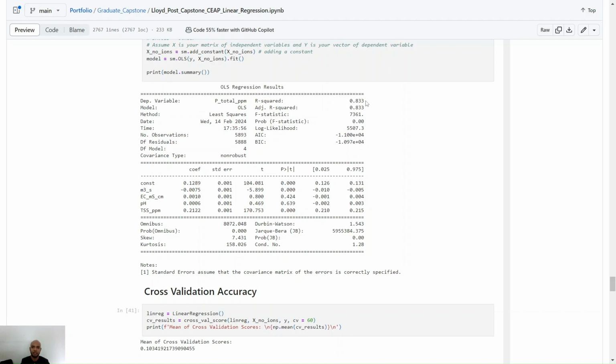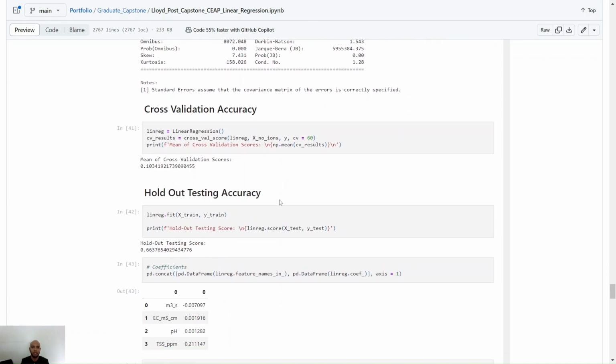Its R squared is about similar. It was 0.81 last time, now it's 0.83. And p-values, pH still not statistically significant, EC neither as well. So these two, flow rate in meters cubed per second, and total solids, are going to be the statistically significant predictors in this model.